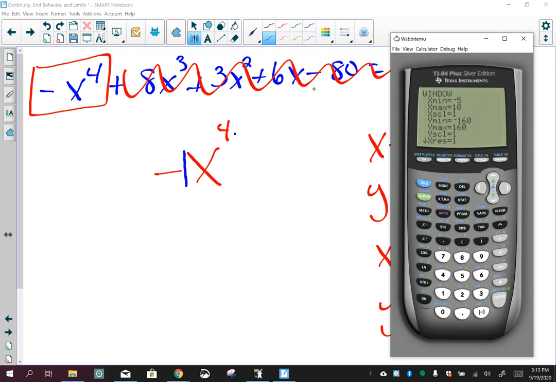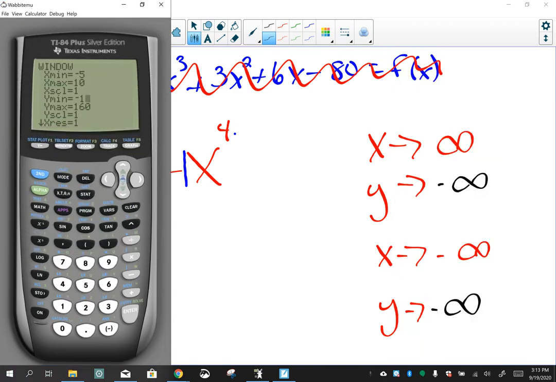And we have a -80 as my y-intercept. So let's go for my y-min, -100. And then come up to, let's leave it at 160 and let's go up by 50s and see what that does.